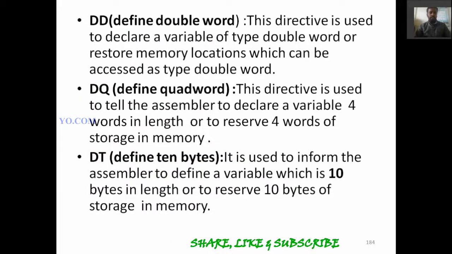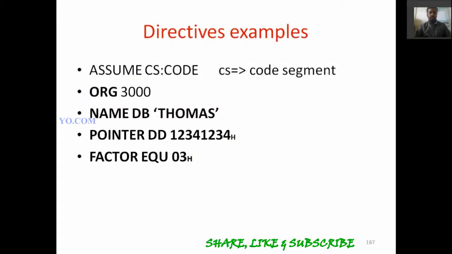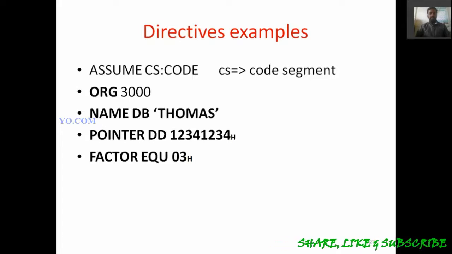DD is define double word, so that's a 32-bit number. One word is a 16-bit number. Then factor is equal to 03. Factor is a variable equal to 03. This is a simple example.